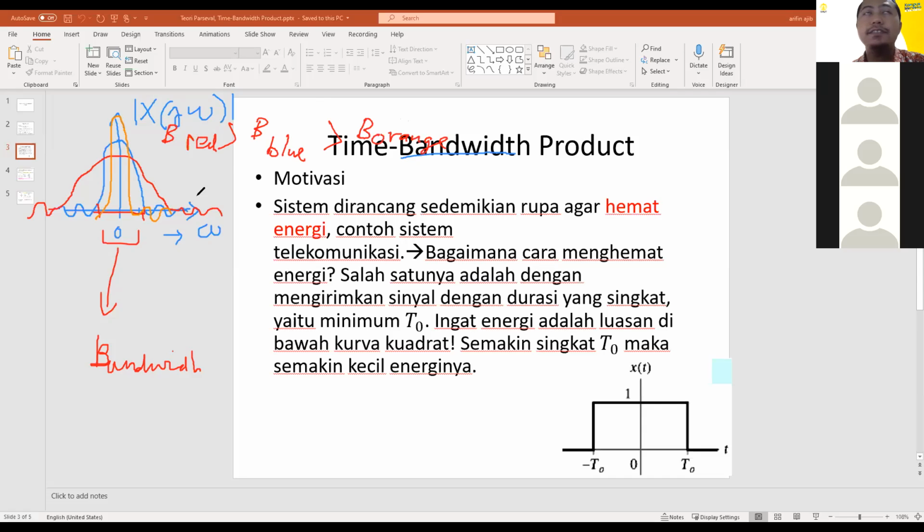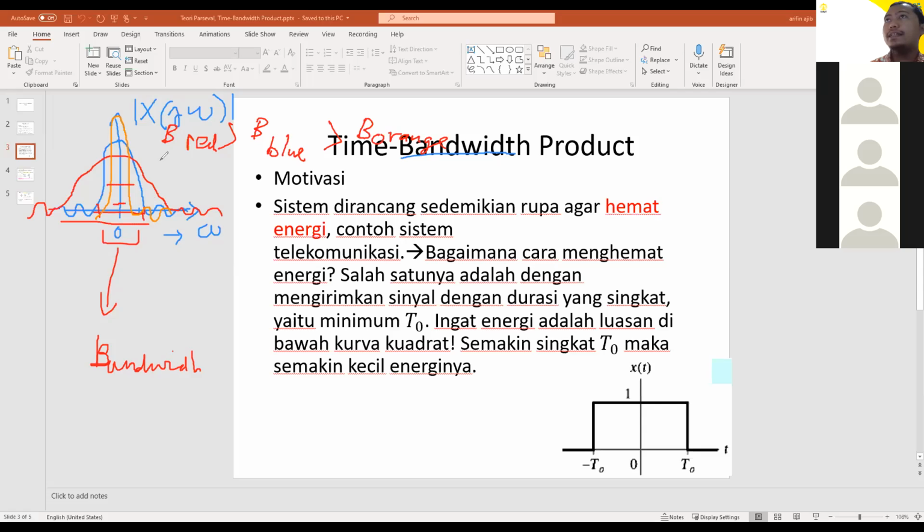Simply like this, right? You can see the white area. The red is the largest, the smaller is blue, and the smallest is orange. So what is the problem?